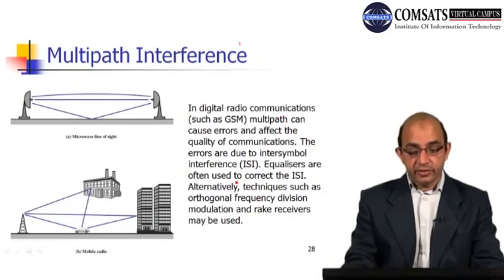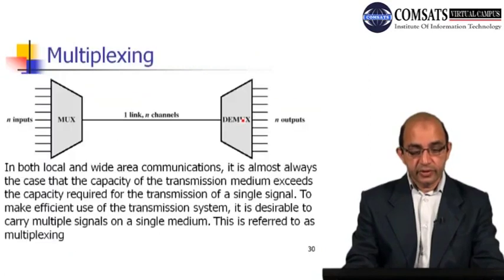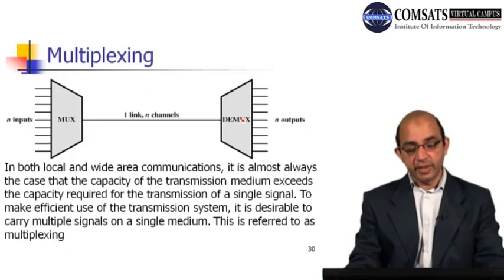The errors are due to inter-symbol interference. Equalizers are used in order to accommodate or correct the ISI, inter-symbol interference. We also have certain techniques like orthogonal frequency division multiplexing, and rake receivers may be used in order to overcome this multipath interference.